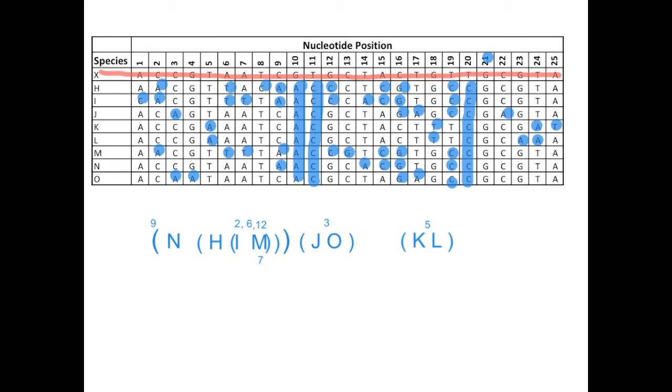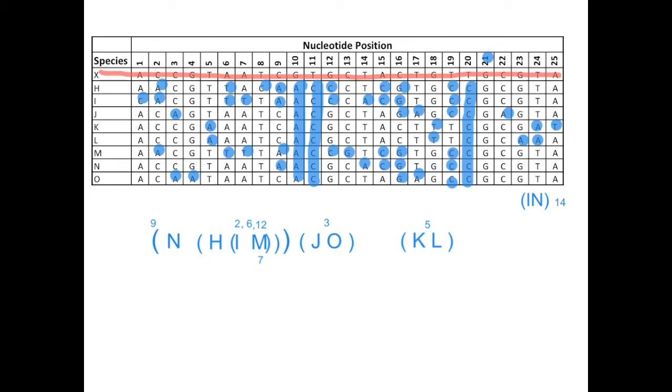Now group 14, we look and there's I and N. So we say, well, that's confusing. So what we're going to do is we'll just put I and N over here to the side with trait 14. You know, because we could look at that later and it might come up a few more times where I and N are grouped together, or it might just be a homoplasy, and so we can put that to the side and address that later.